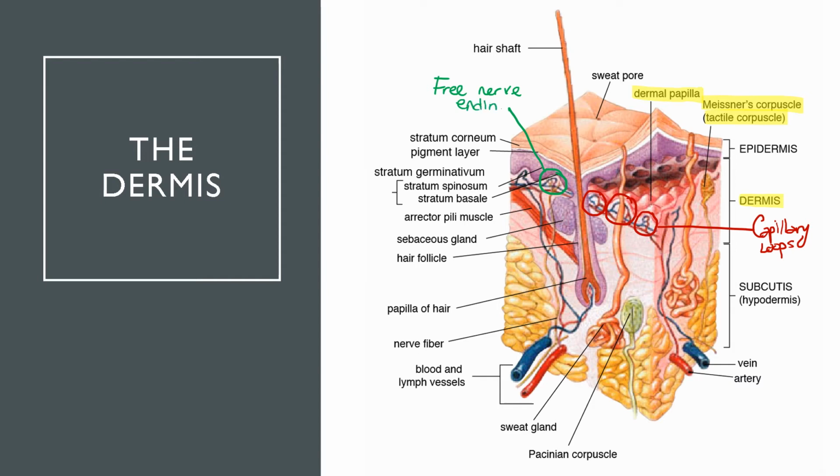You can see that yellow nerve ending there that doesn't have a particular capsule or anything surrounding it. These free nerve endings essentially are just dendrites that lack any apparent structural specialization. So they are just kind of free little dendrite endings.